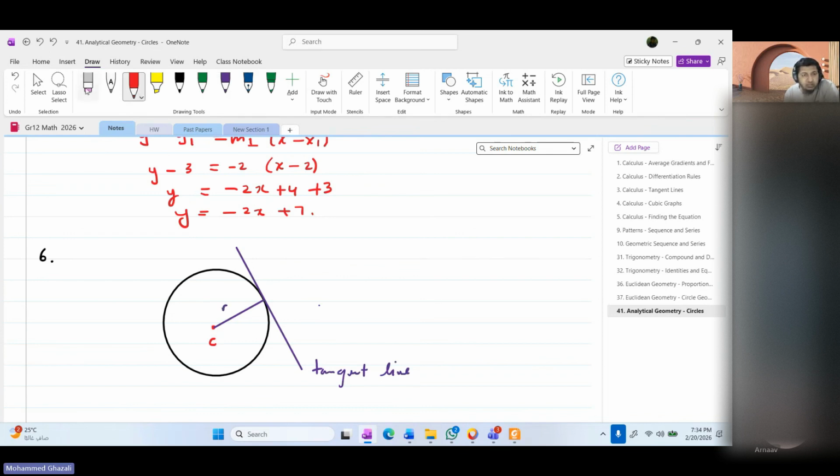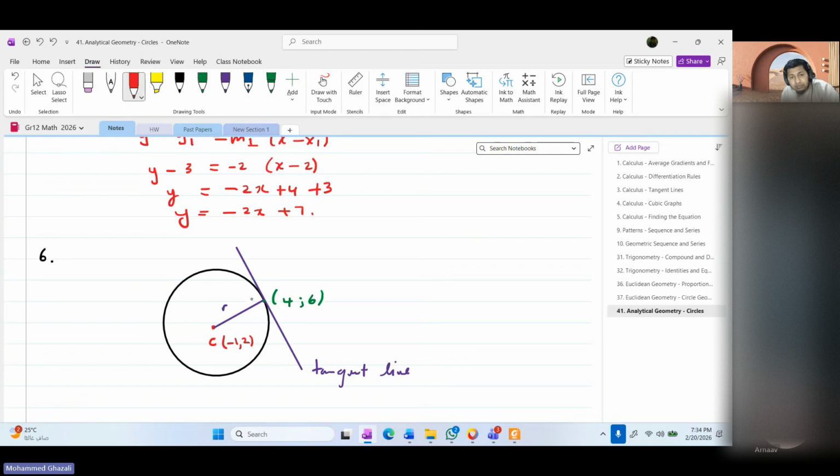I'm going to give you some points: if the center is (-1, 2) and the point on the radius is (4, 6), how are we going to find the equation of the tangent line?